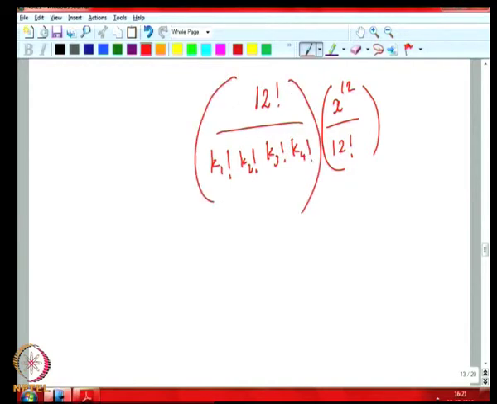This clearly is the number of ways to get the signal, provided we have decided to select k1 white flags, k2 red flags, k3 blue flags, and k4 black flags, right, because there are 12 of them, 12 factorial comes from that, and we are dividing by k1 factorial because there are k1 white flags, etc.